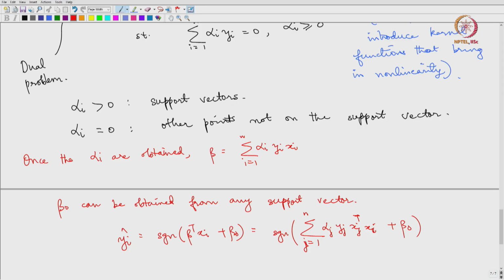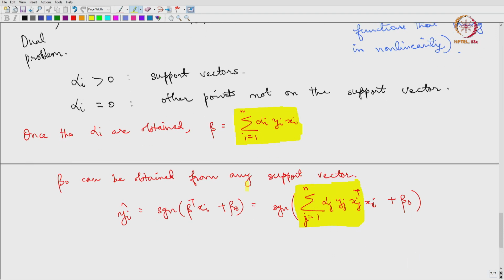I have just substituted the expression for beta into here. So, this is what I meant when I said you can obtain the prediction of the points using a linear combination over all the points. This is where you are doing the linear combination to obtain the weights beta, and the bias of course was obtained from any support vector.